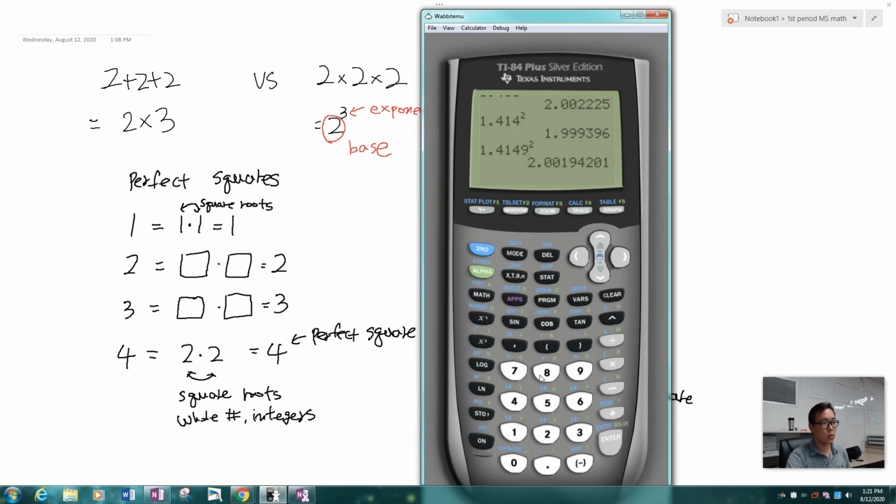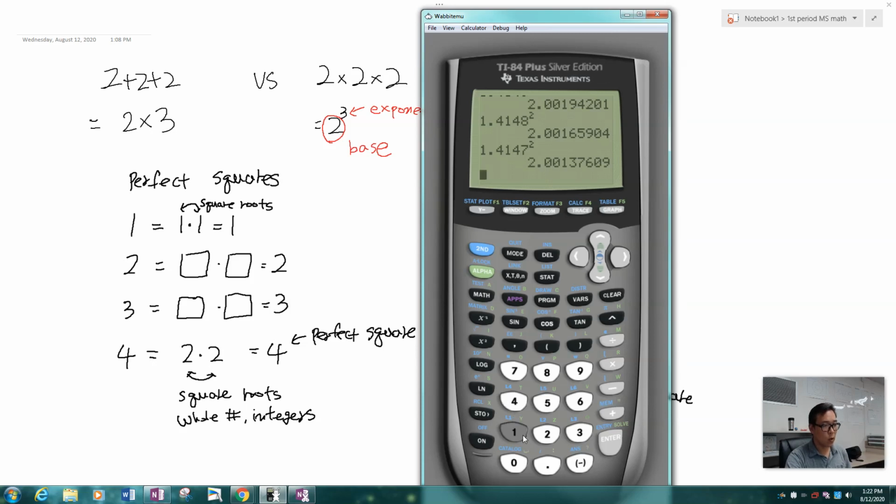Oh, it's bigger than 2. So 1.4148 squared, still bigger than 2. So 1.4147 squared, which is still bigger than 2.